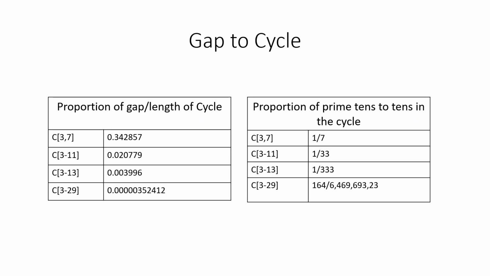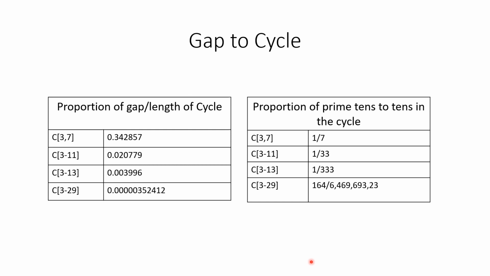You can see here the proportion of a gap to the length of the cycle. In this table, you see how small the gap gets. That means that the gap is going to be a very tiny portion of the cycle as we go up in cycles. And also you have here the proportion of tens per ten of cycle, and they get very, very small.